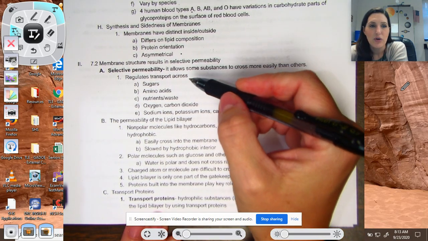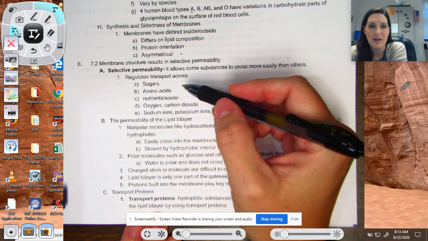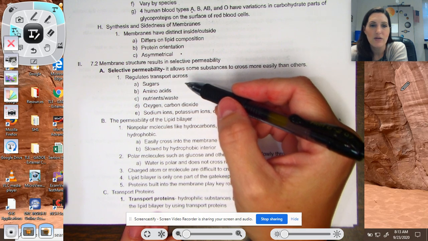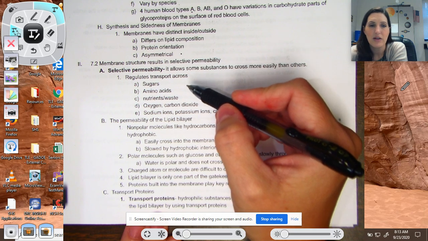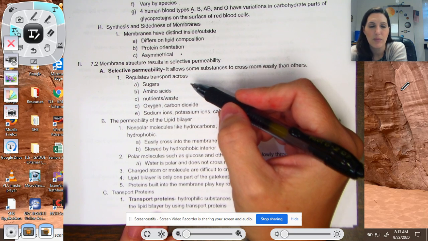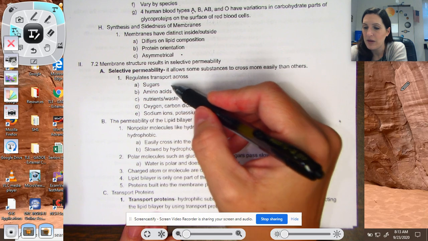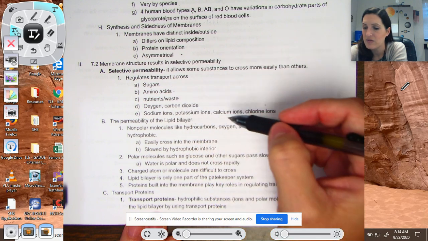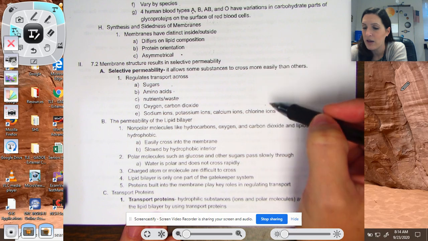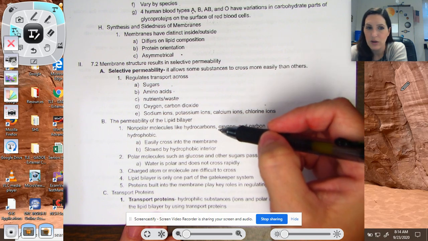All right, 7.2 talks about selective permeability, and it allows some substances to cross in and out more easily. This regulates transport across the membrane. So sugars, amino acids, nutrients, oxygen, carbon dioxide, sodium, potassium, calcium ions, and chlorine ions are going to need to get through here.